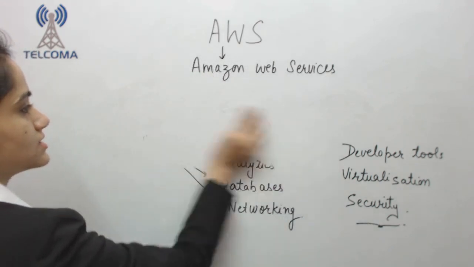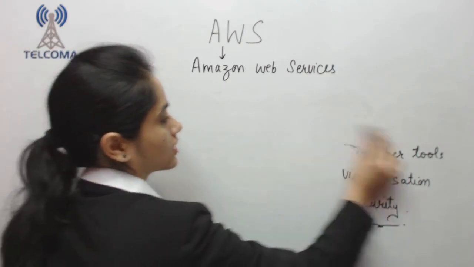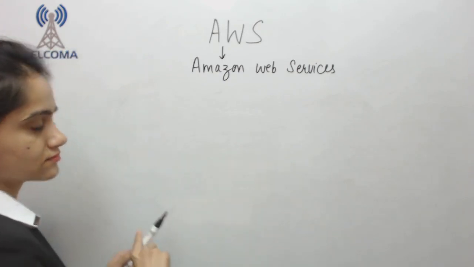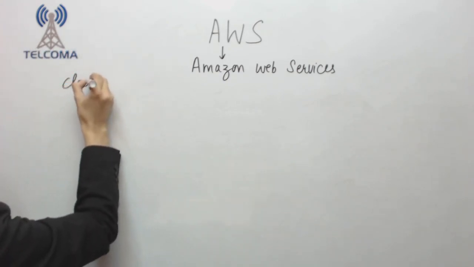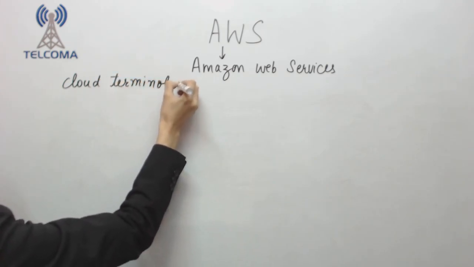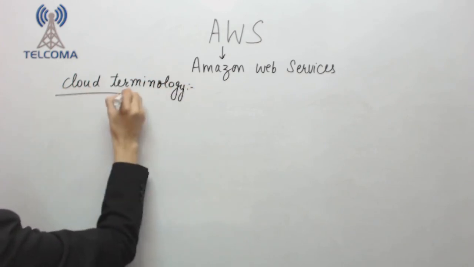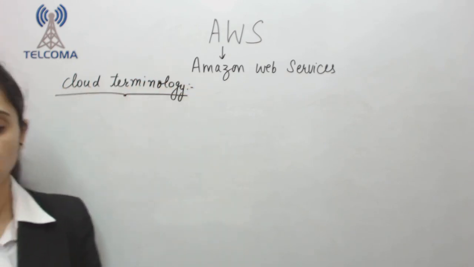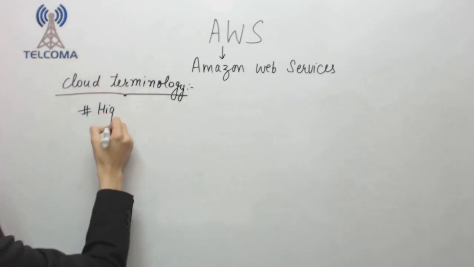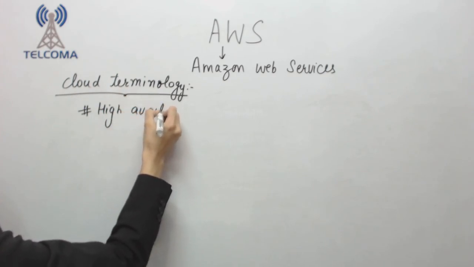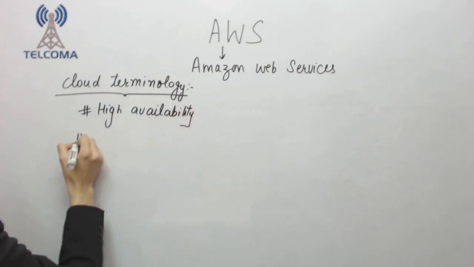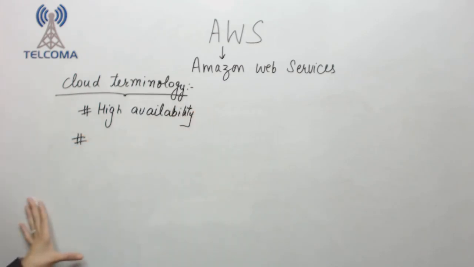Now this AWS works on cloud terminology. If we talk about cloud terminology, it is highly available. That means we have high availability.